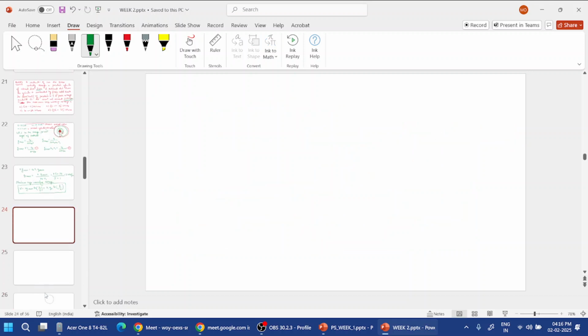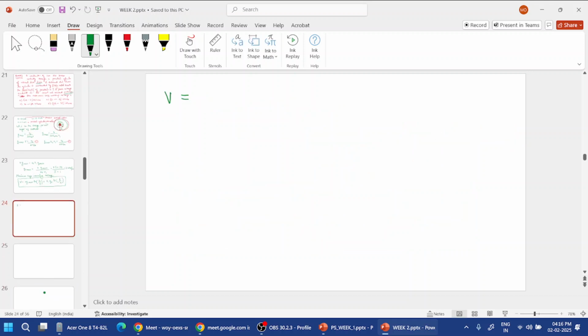So basically, V is equal to R, what is R? 0.5. G1 max, it is giving 34. Then log R1 upon R, which is 0.5, plus R1, R1 is 1.